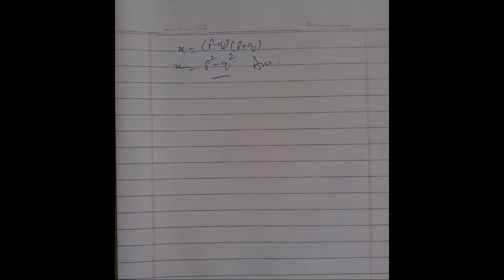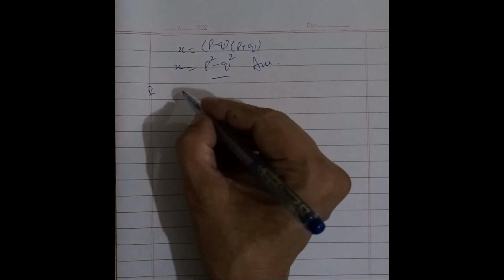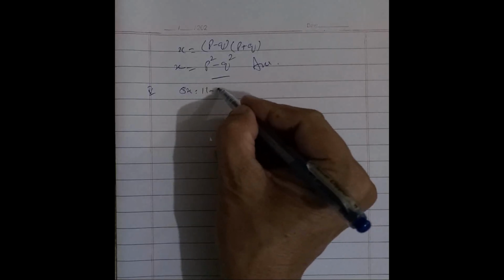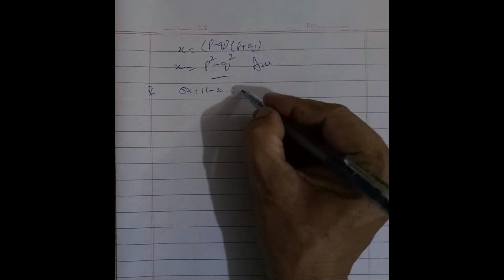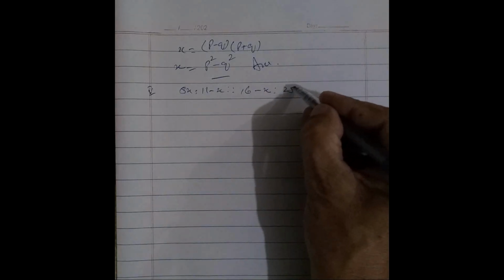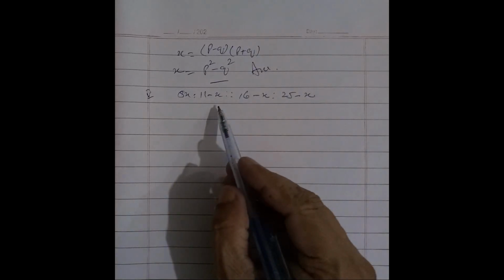It is part 4, and the 5th part of question 11 is 8 minus x ratio 11 minus x proportion 16 minus x ratio 25 minus x. The same method as we solved earlier.